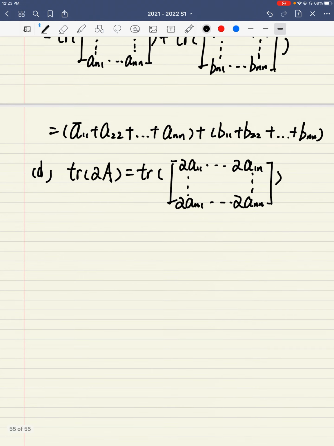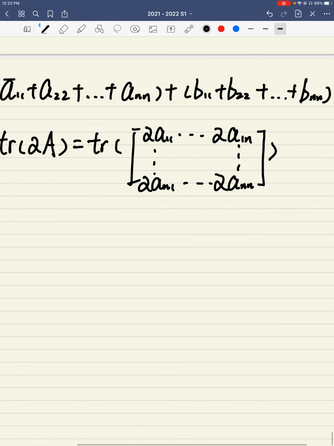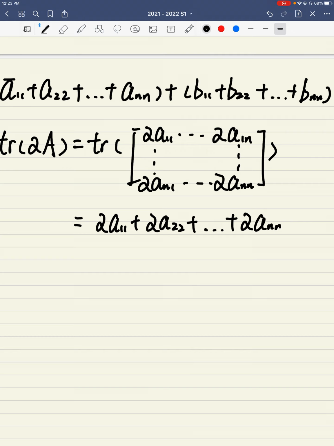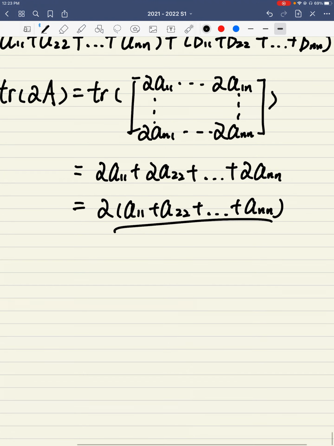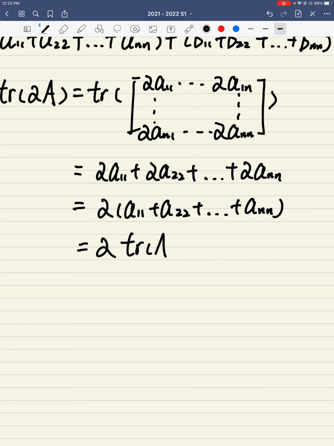So it is alpha A11 plus alpha A22 all the way to alpha Ann. We can put alpha outside: A11 plus A22 plus all the way to Ann, times alpha. And this is exactly the trace of A, so it's alpha times trace of A.